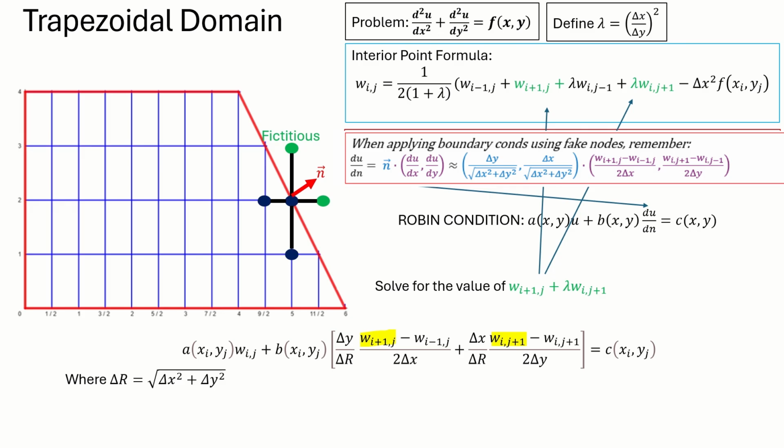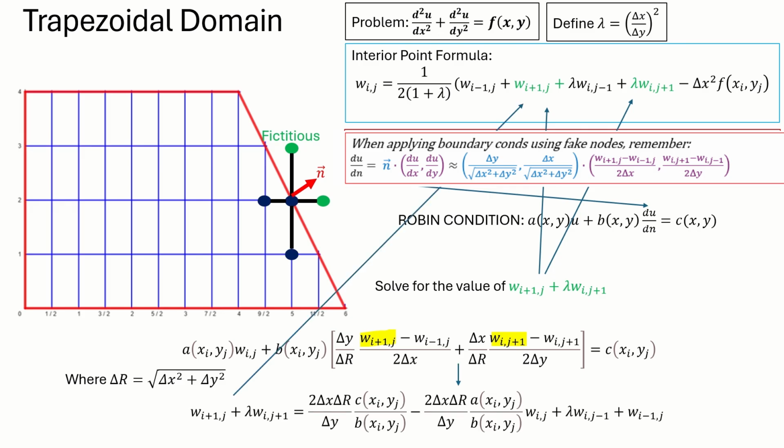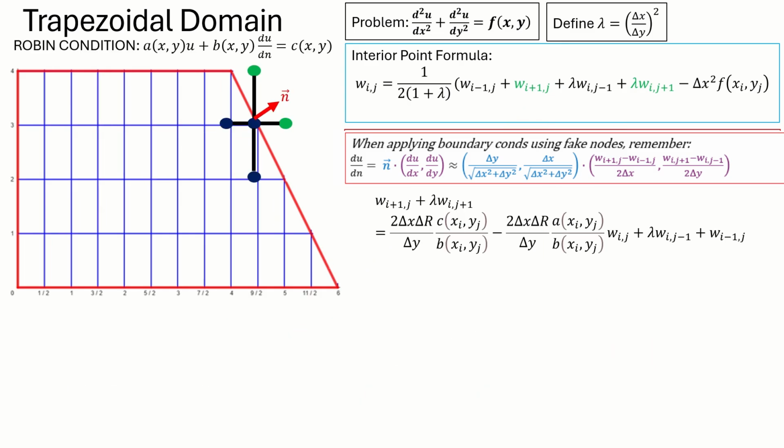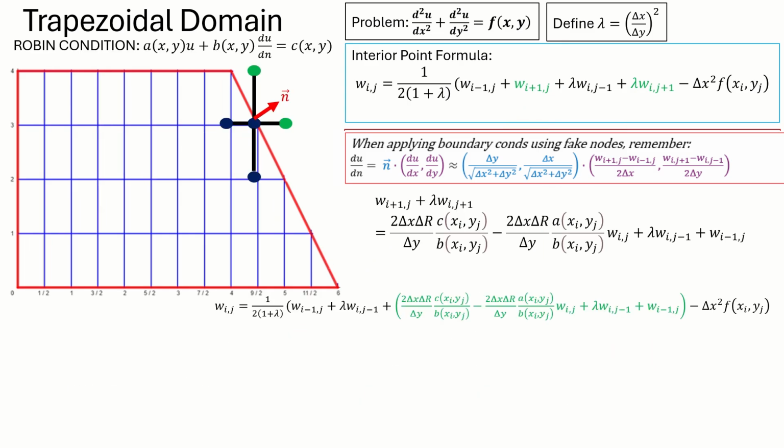At that point, we're done. Working with this Robin condition, we get the combination we want to solve for in terms of non-fictitious values has the following representation. Substitute this into the formula and simplify to get our result.